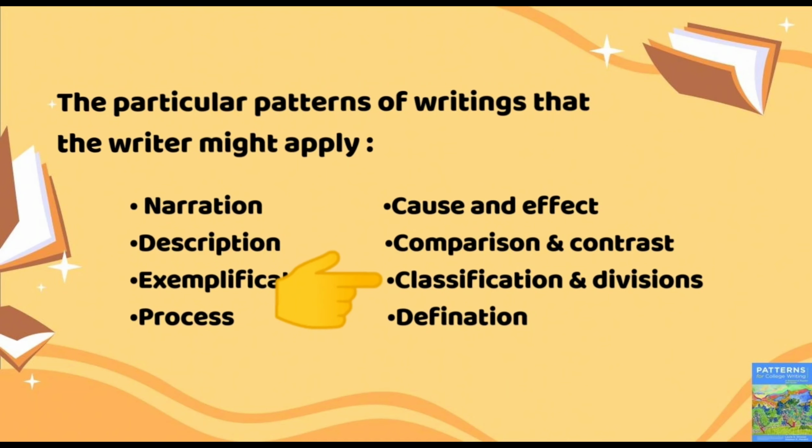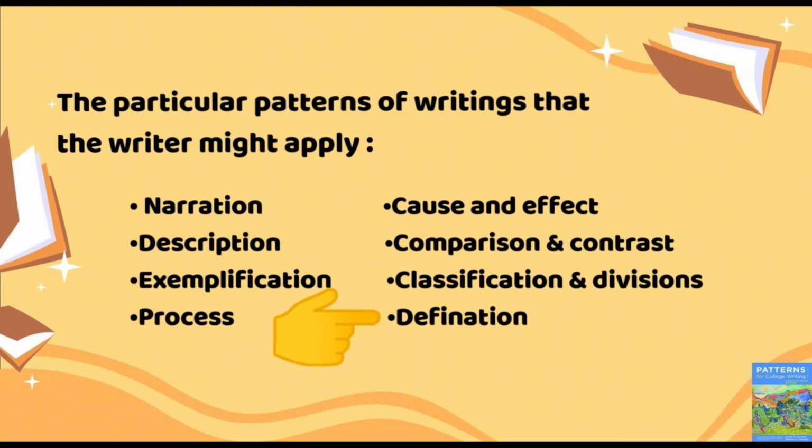As the seventh pattern, we have classification and division. It deals with the types, parts, separated groupings, any order, and any other arrangements and categories that may come with it. The final pattern we have here is definition. It asks questions like how can it be defined, how does it resemble other members of its class, and how does it differ from other members of its class.